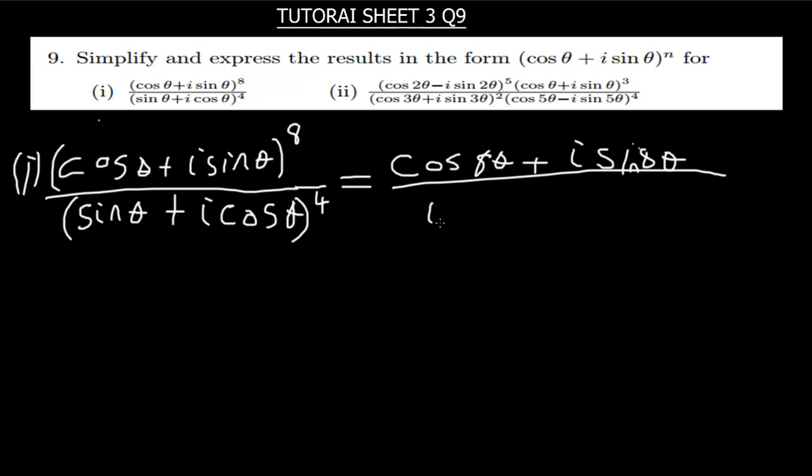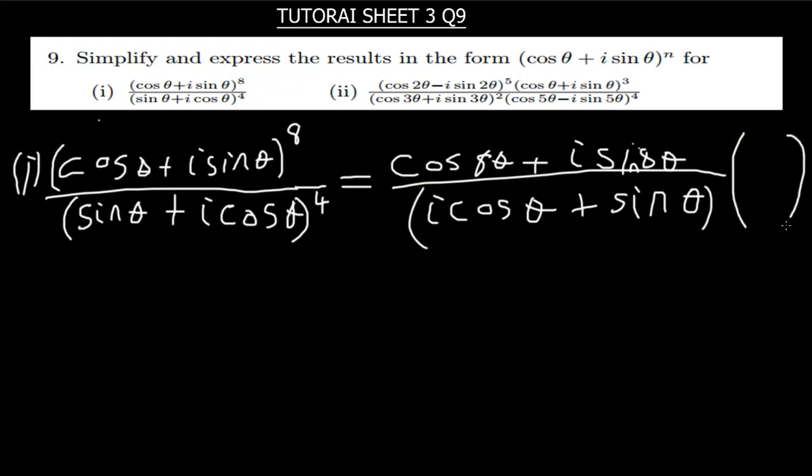I'll say i cos theta plus sine theta. So how do I move this i to sine theta, from cos theta to sine theta? Simple. What you do is you multiply with what I call a special one over i.